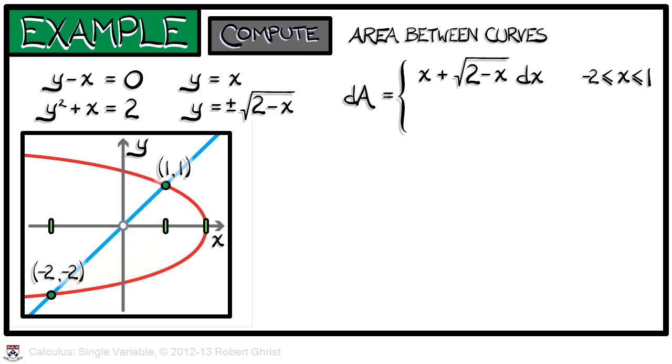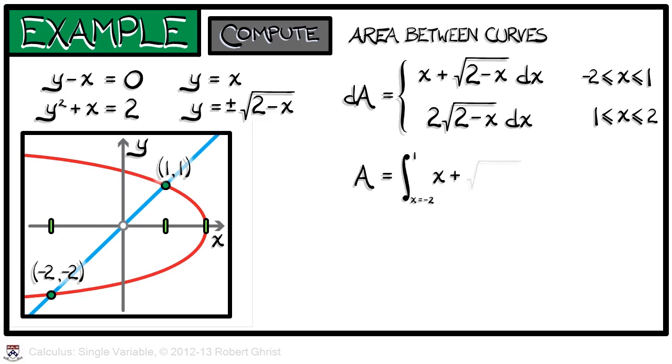For the right-hand side of this region, as x is going from 1 to 2, then the area element is twice square root of 2 minus x times dx. And to compute the area, we need to integrate this area element. That means we're going to have to write down a pair of integrals.